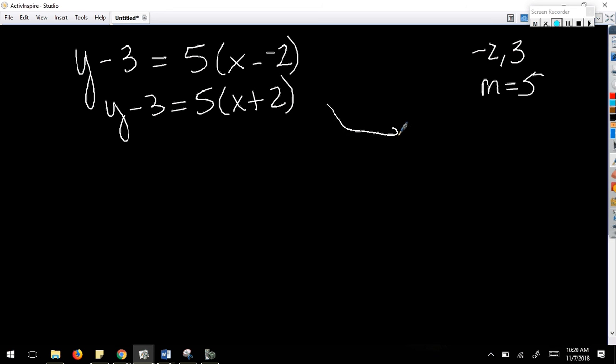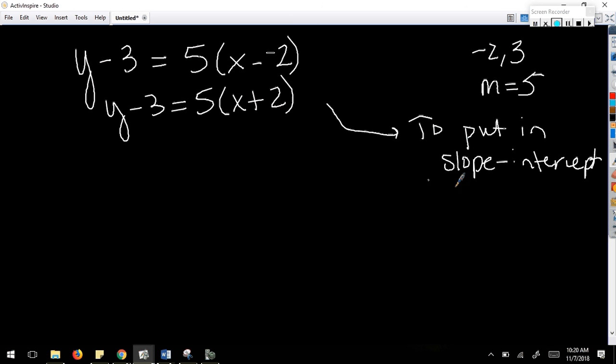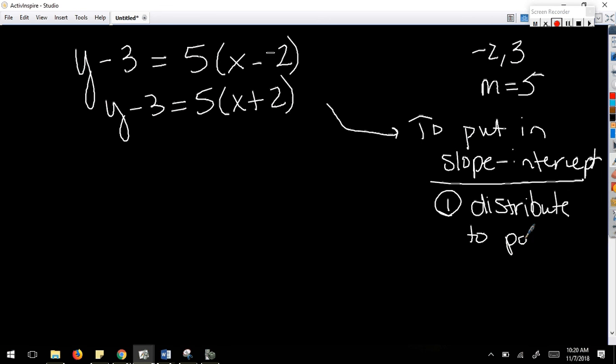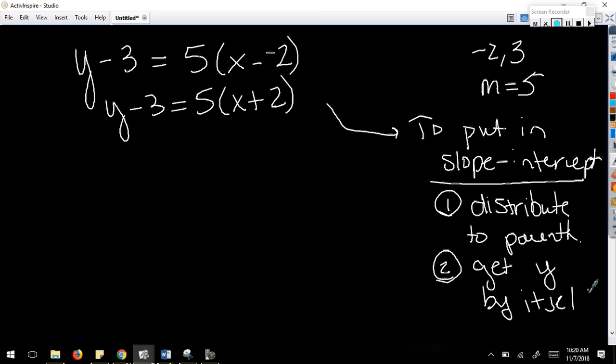When we solve for y, if you like steps, to put it in slope-intercept, what we want to do is distribute to the parentheses first. That's right.